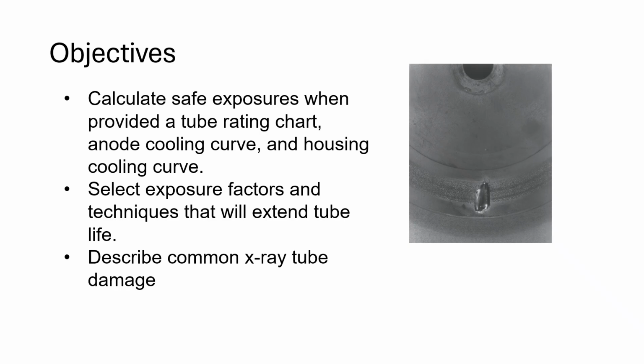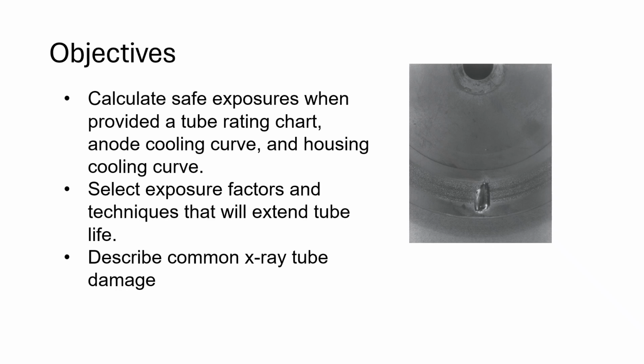Now, in the modern era, both of these charts are basically programmed into the software. So the computer that governs your X-ray tube and allows you to operate it will lock you out if you are about to dial up a technique that exceeds maximum tube capacity, or if you are not allowing for enough cooling time between exposures.